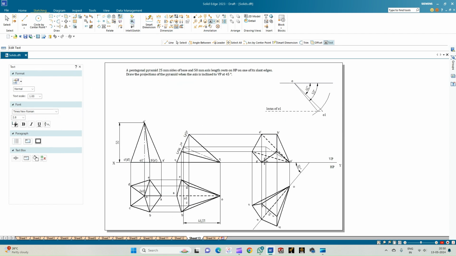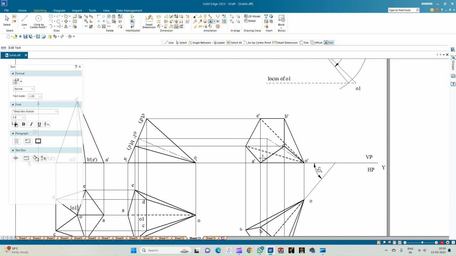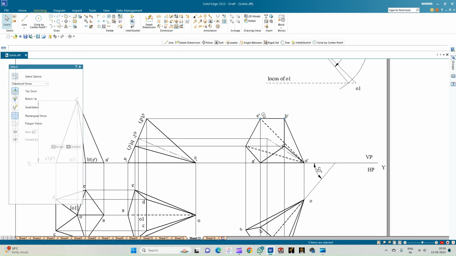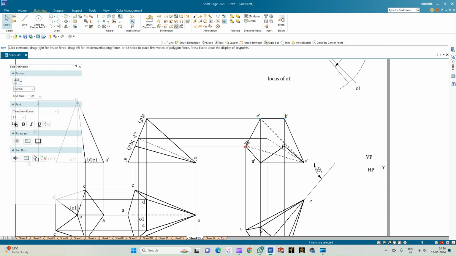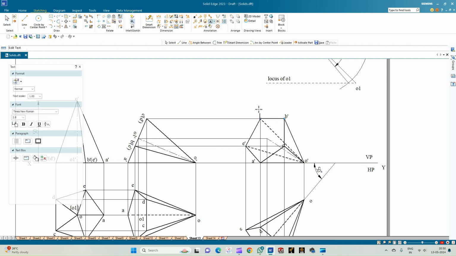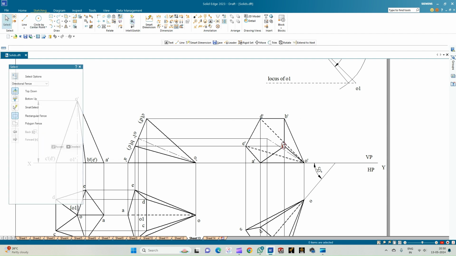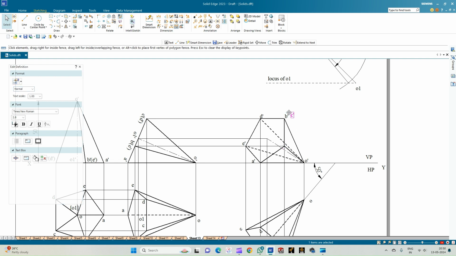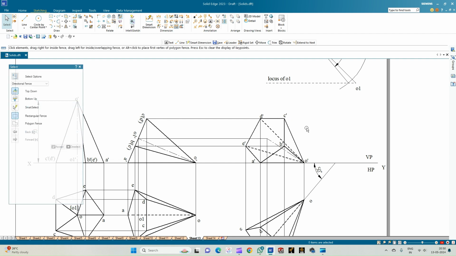Okay, so the corner E dash is here. This is D dash. And this is C dash while B dash is here. So we have to just swap these. So this is the corner B dash and this is the corner C dash.